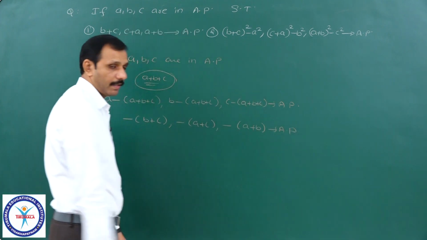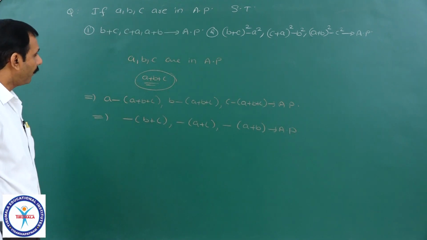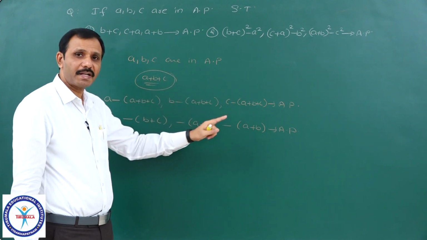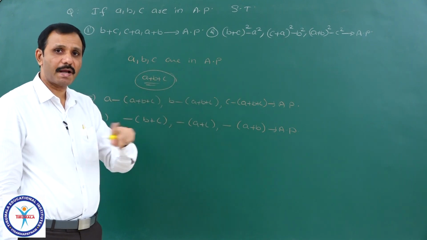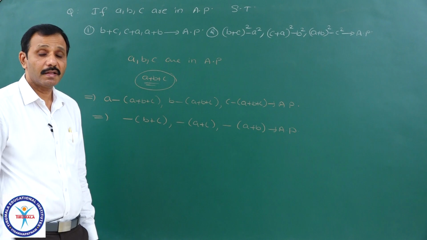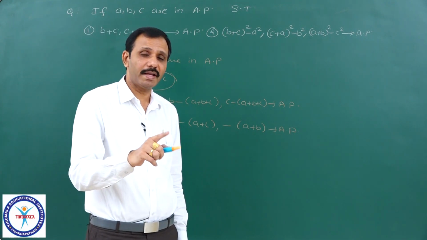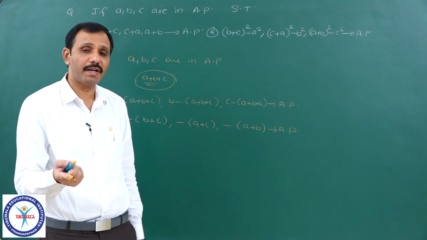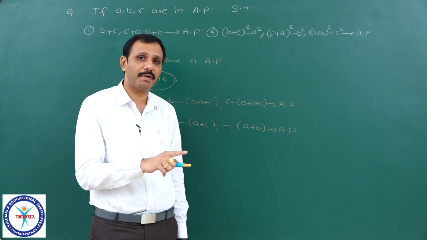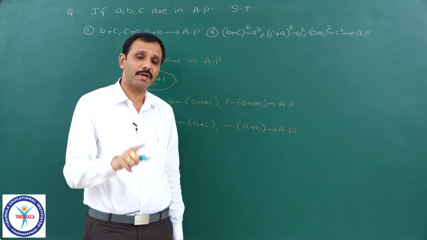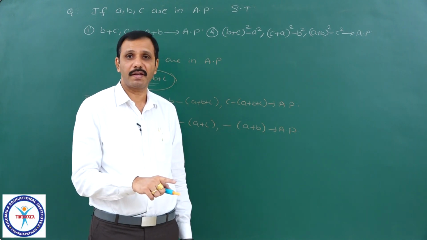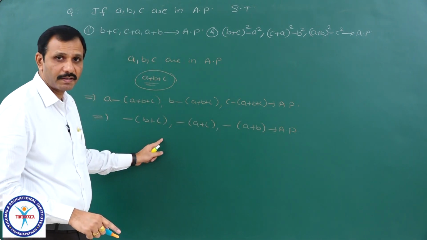And one more point here. Whenever A, B, C are in AP, if you multiply with minus sign, minus A, minus B, minus C are also in AP only. That is, multiply with a non-zero constant lambda. If A1, A2, A3 and so on An are in AP, even if you multiply with a non-zero constant lambda, lambda A1, lambda A2 and so on, lambda An are also in AP only. Here that lambda value is equal to minus 1.